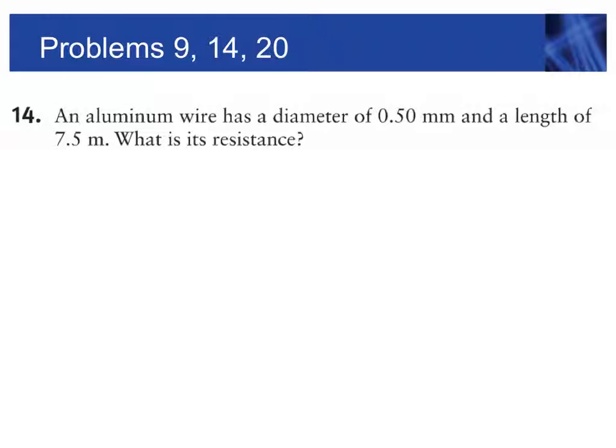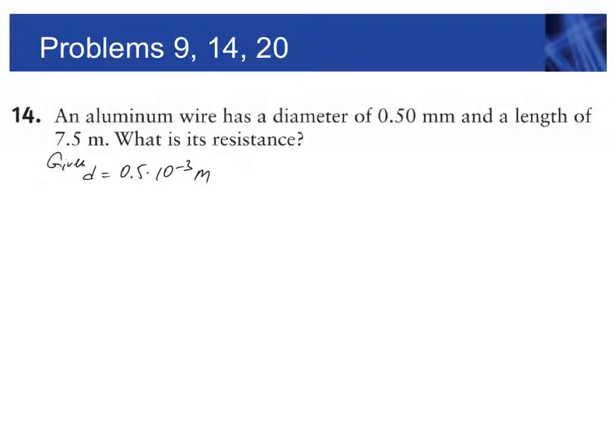Problem 14. An aluminum wire has a diameter of 0.5 millimeter and a length of 7.5 meters. What is its resistance? So this is a very similar problem, just different numbers. We are given diameter 0.5 times 10 to the negative 3 meter.